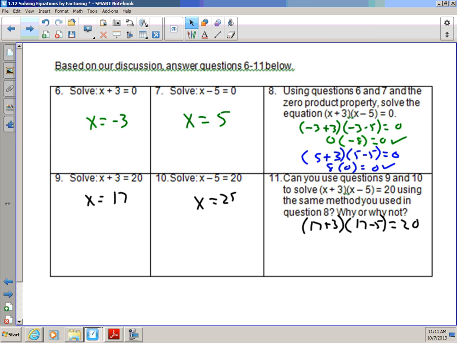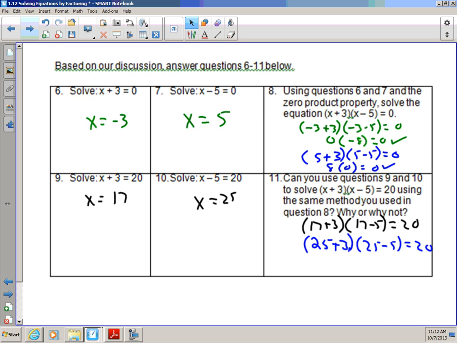That should be pretty obvious that it isn't, because it's going to be 20 times some number. And if I put in 25 for x, that should also be pretty obvious that it's not going to equal 20. Because the zero product property only works when we're talking about multiplying to 0. Each of these two pairs of parentheses is 20, and 20 times some other number, unless it were 1, doesn't give you 20.